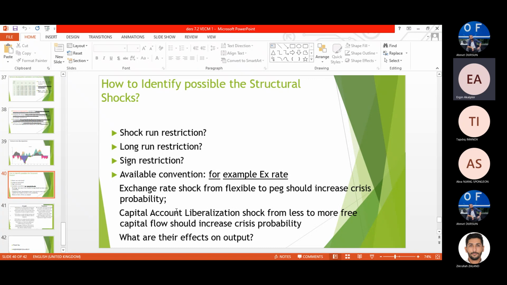And what effect is expected on the output, or Y, the so-called production? It is expected to reduce the output. It is expected to reduce the GDP. Therefore, this is not good for the economy.